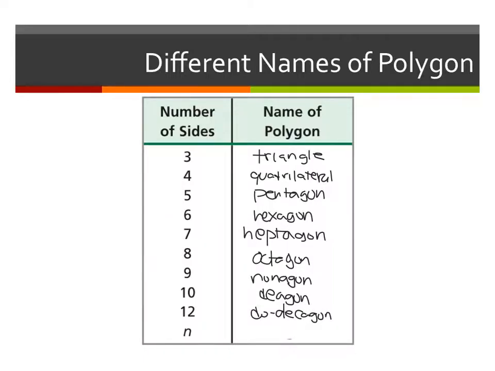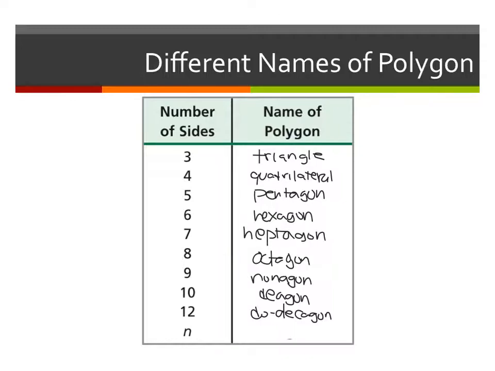Dodecagon is a polygon with 12 sides. Oh, dodecahedron is like a 3D. Yes, exactly. They're called polyhedrons. So a tetrahedron is a 3D shape with 4 triangles. Wait, what is 10?